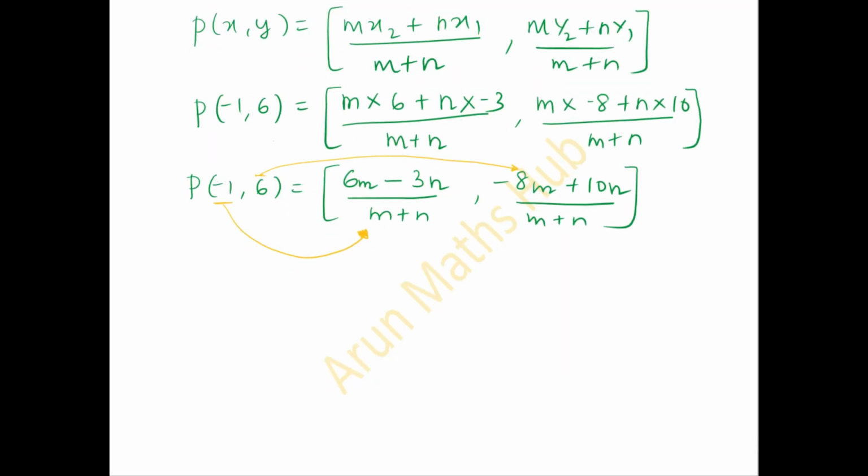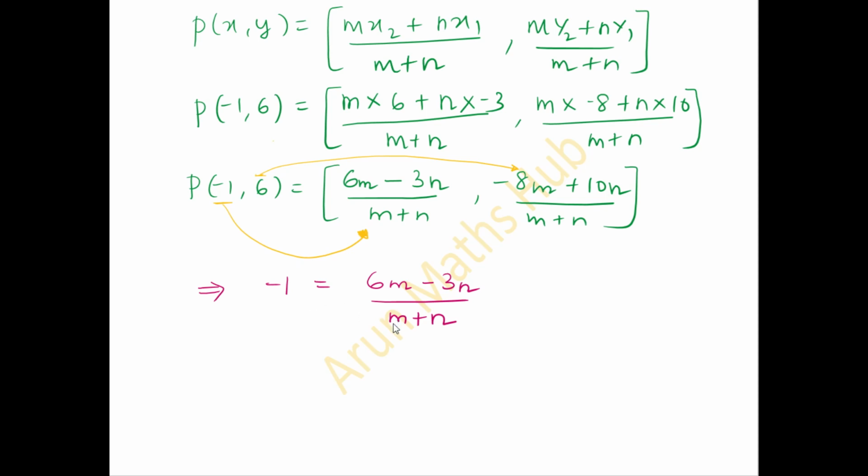Now equate x coordinate or y coordinate. What I'll do, I'll equate x coordinate, will get the same answer. Minus 1 will be equal to 6m minus 3n divided by m plus n, or you can equate 6 equals minus 8m plus 10n divided by m plus n. You get the same answer.